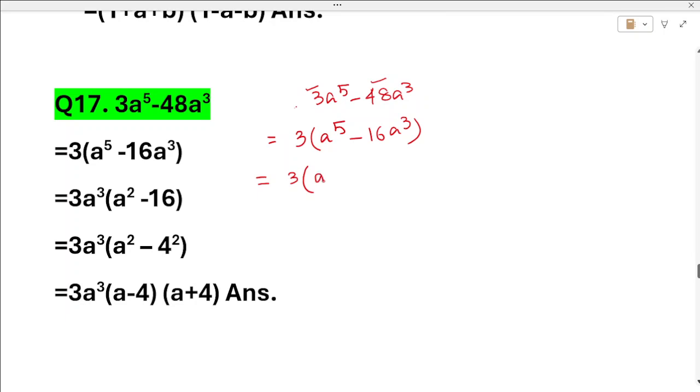You can express a to the power 5 like this, correct? And here it is 16. 16 can be expressed like this only. Sorry, just wait.